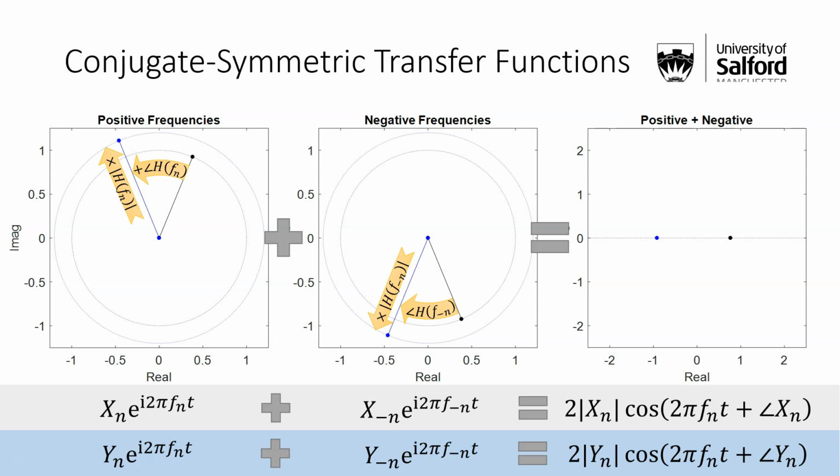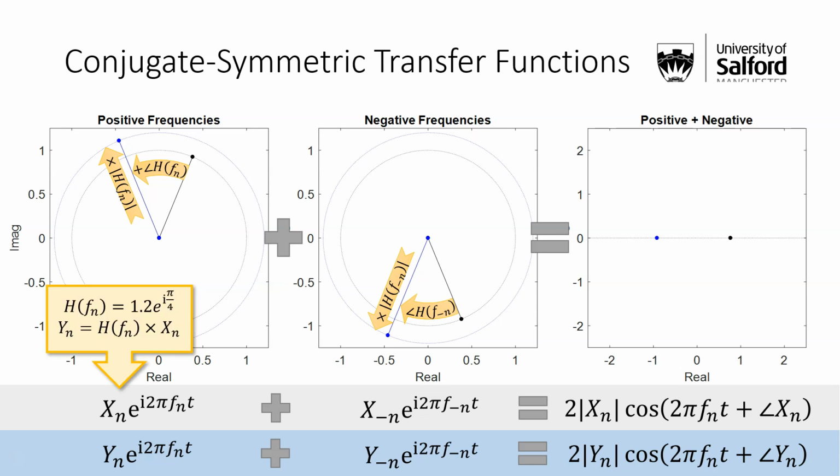The magnitude will give a scaling, and for the real case, it's 1.2 e to the pi over 4. Remember that y had the phase of pi over 3 like x plus pi over 4, so h is the difference between them. And yn for this particular Fourier series frequency is the transfer function evaluated at that frequency.